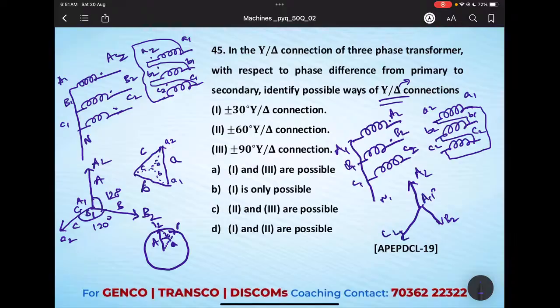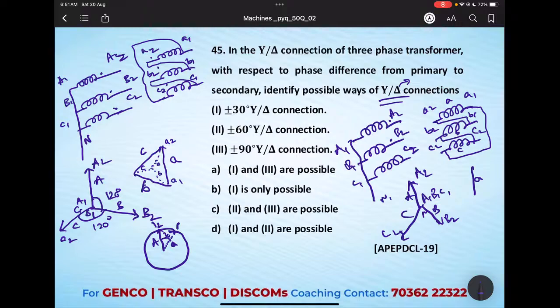A1, B1, C1 will be the neutral point. In the secondary side, we always need to write the secondary phasor parallel with the primary phasor. It will be A, B and C. What is the primary phasor? This is the primary phasor A, B, C.